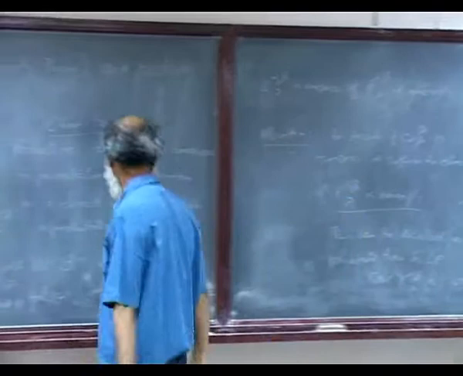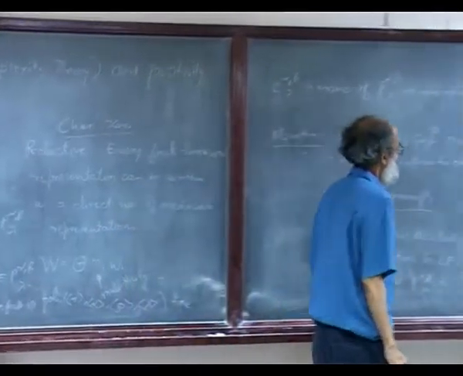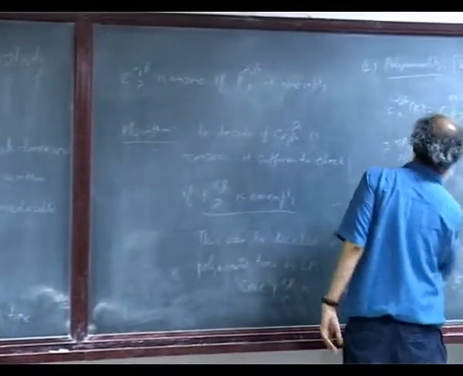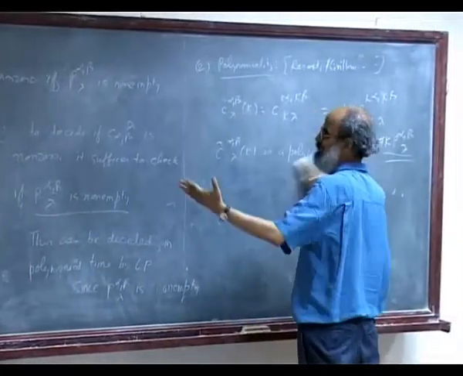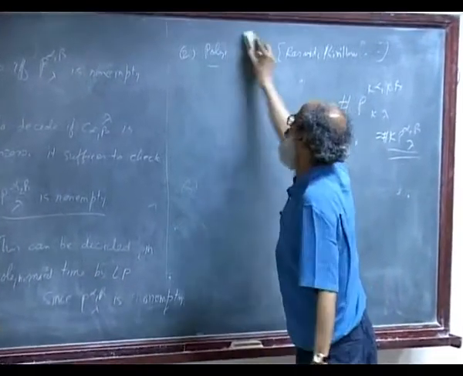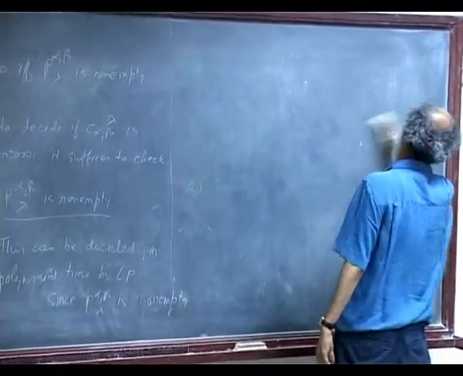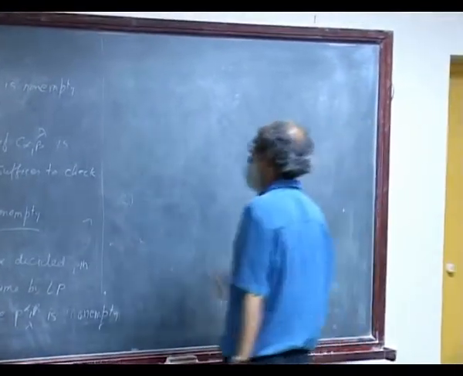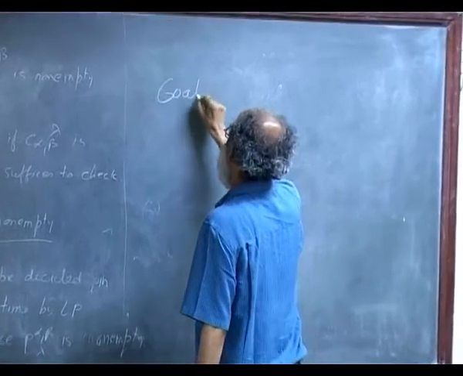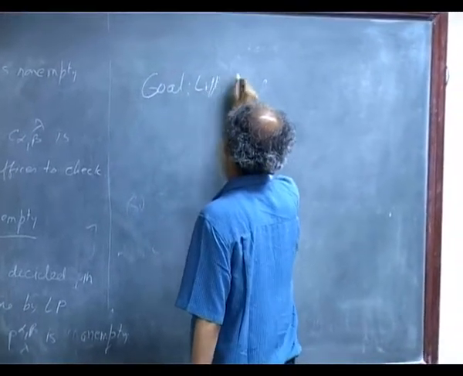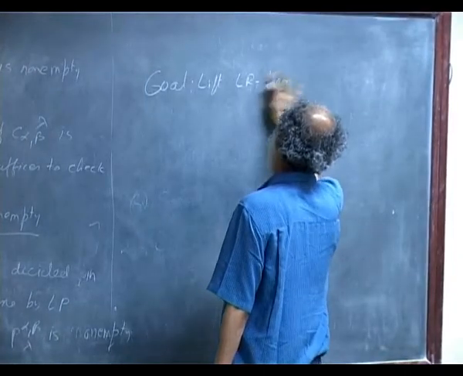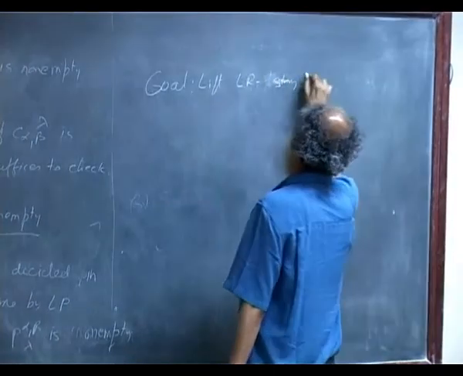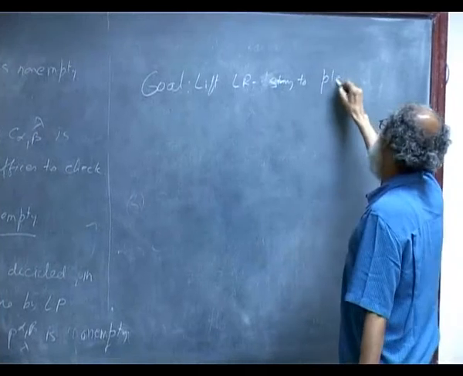So the goal, and this would be the central problem of representation theory, is basically to lift this LR story to the plethysm constants. That is the goal.